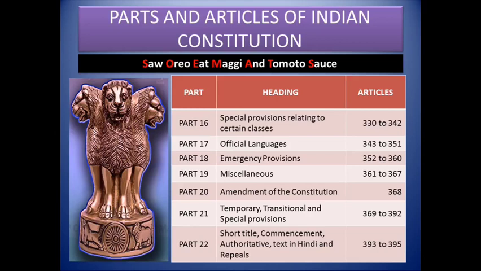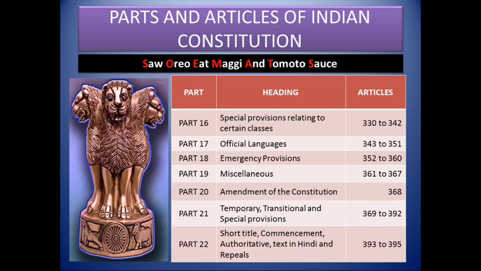Part 17, Oreo, official languages. Part 18, eat, emergency provisions. Part 19, Maggi, miscellaneous. Part 20A, amendment of the Constitution. Part 21, again T, temporary, transitional and special provision. The provisions made may be provided for a temporary purpose.